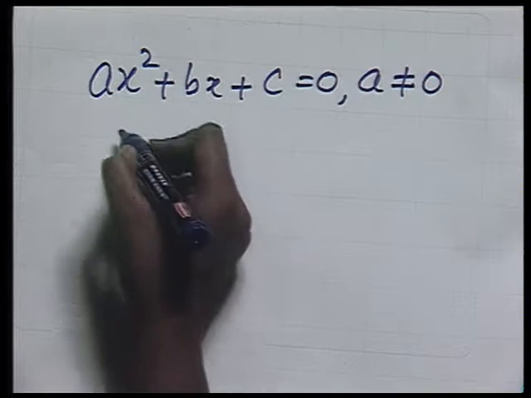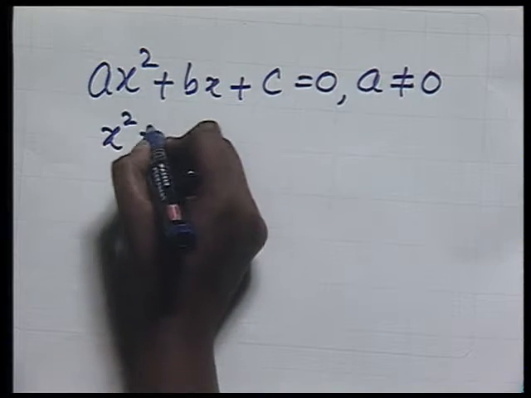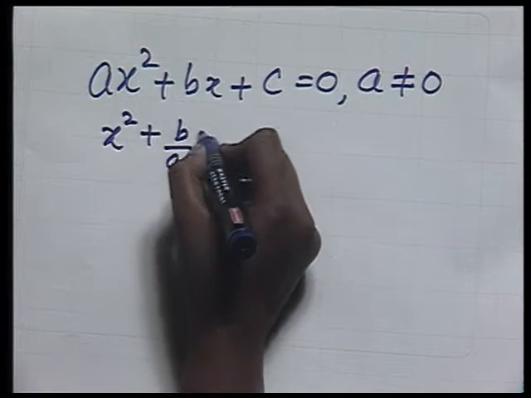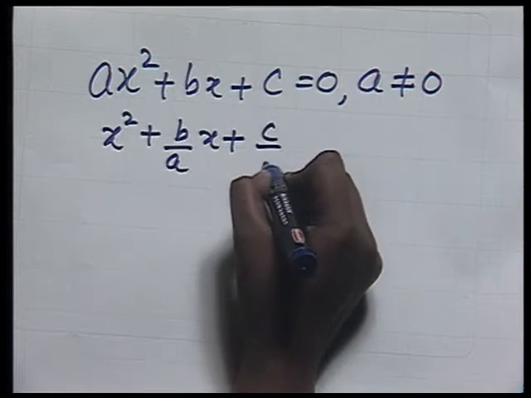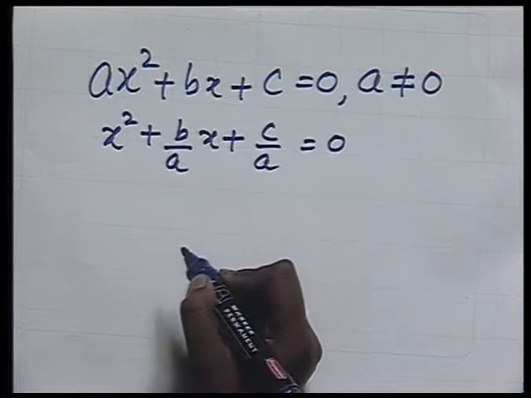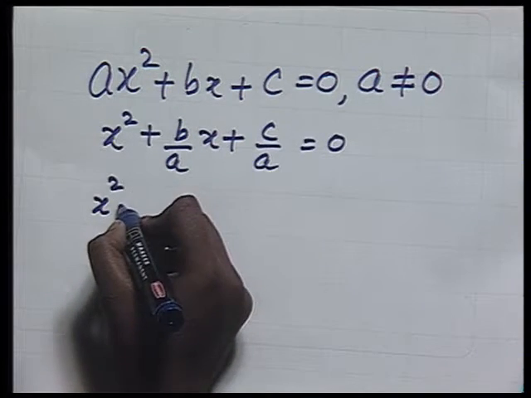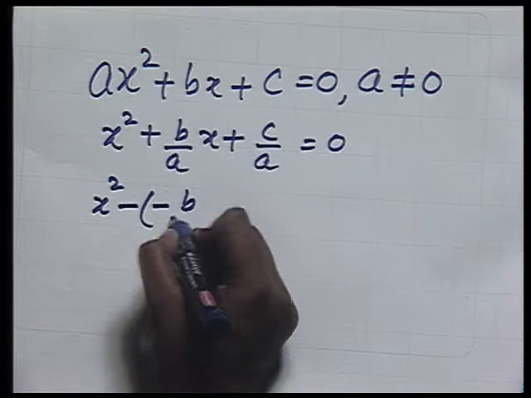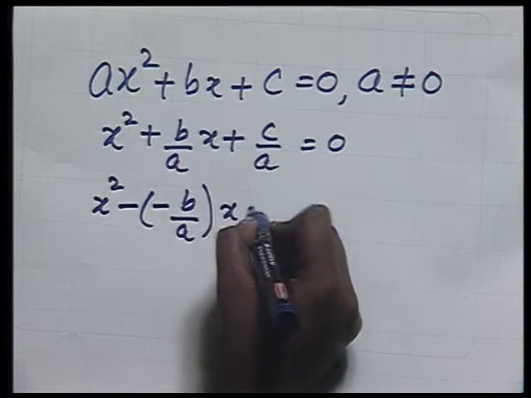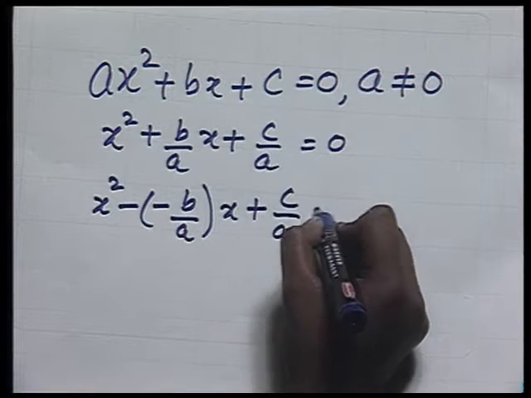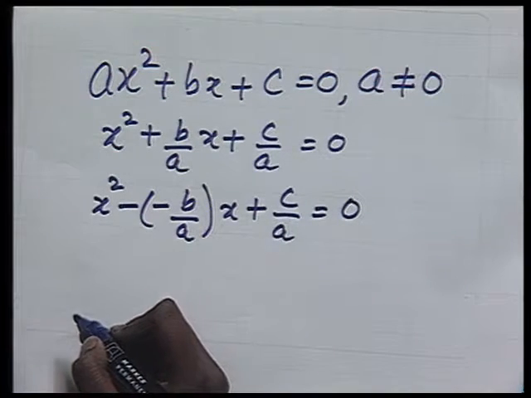This equation can also be written as x square plus b upon a into x plus c upon a equal to 0, which can be further written as x square minus b upon a into x plus c upon a equal to 0.